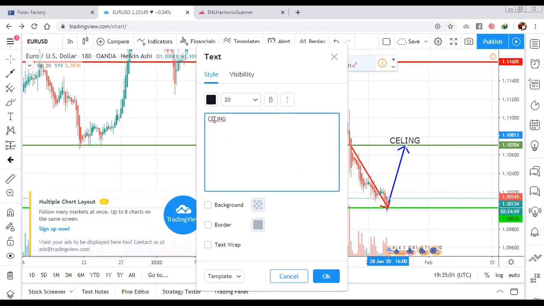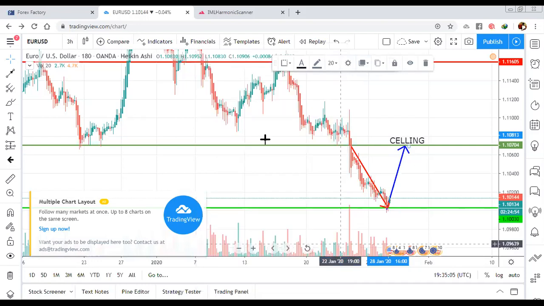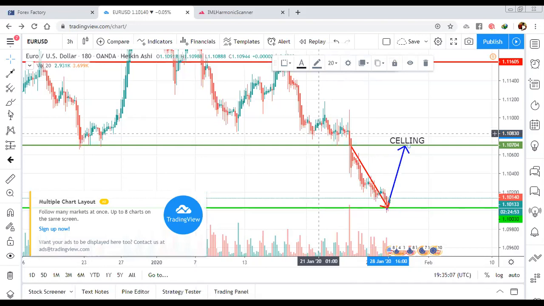I don't know why my ceiling spelling won't correct anymore, but just take it like this.